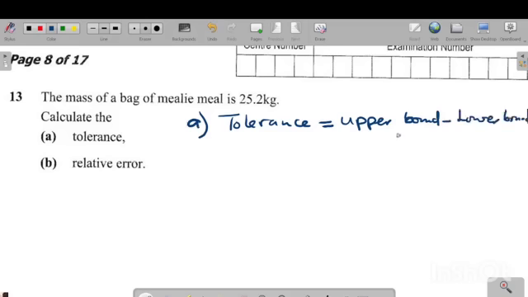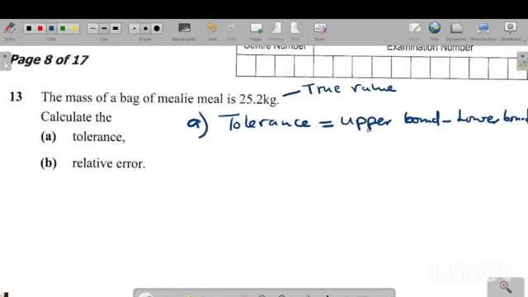The upper bound is also called the maximum value, and the lower bound is also called the minimum value. And this is the true value that we've been given. So for you to find tolerance, you are supposed to subtract the lower bound from the upper bound.